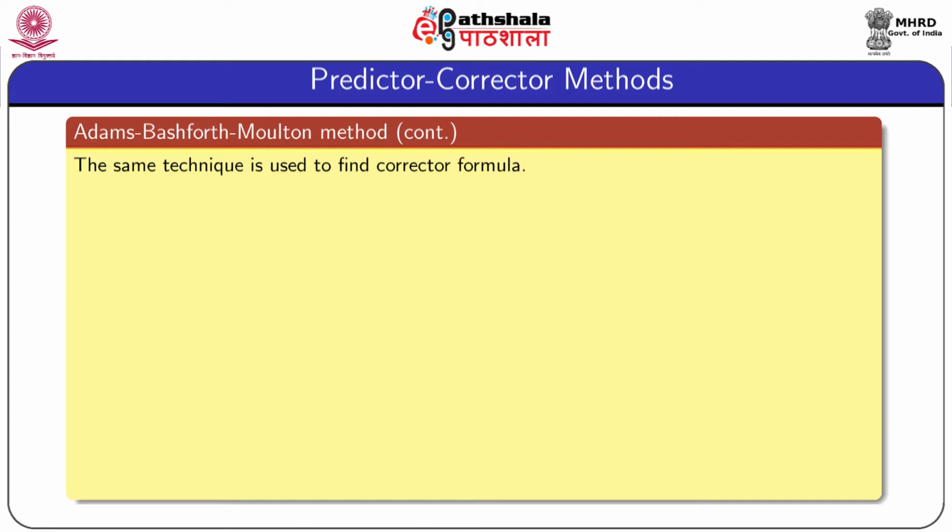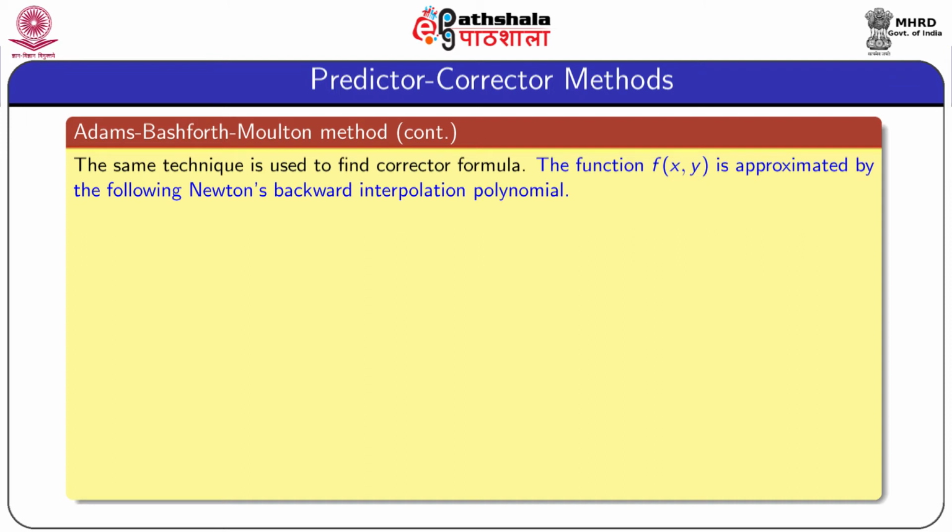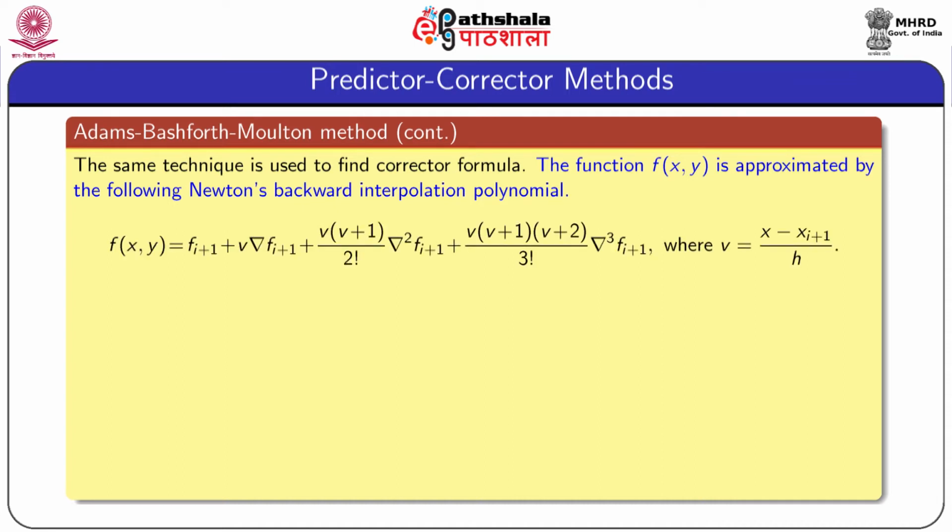Now, to get the corrector formula, the same technique is used, but the function f(x,y) is approximated by the Newton backward interpolation polynomial, with this formula: f(x,y) equals f_{i+1} plus v nabla f_{i+1} and so on, where v is equal to (x minus x_{i+1}) by h.